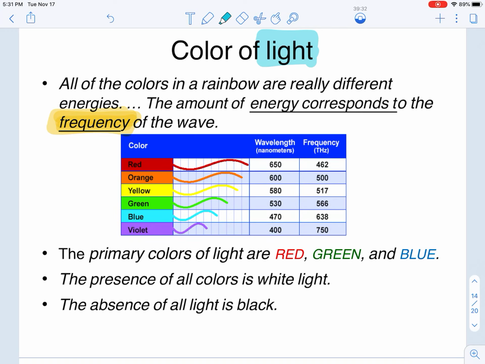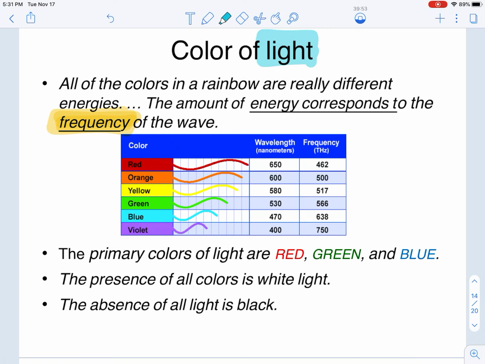If I take 3 light bulbs, a red light bulb, a green light bulb, and a blue light bulb, and I turn them all on at the same time and let them shine on the same space or on the same piece of paper, on the same wall, they are going to create white light. So the presence of all 3 colors is going to give us white.